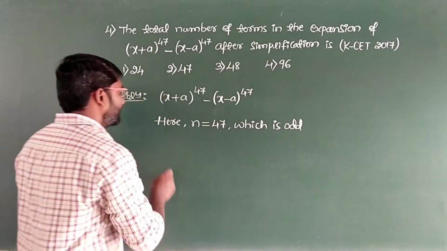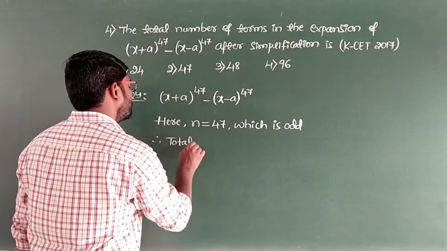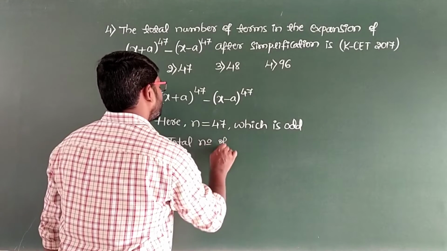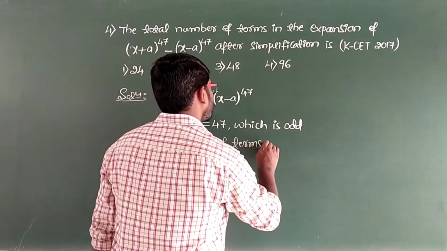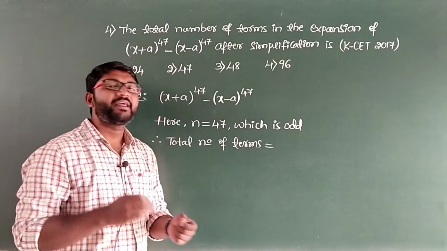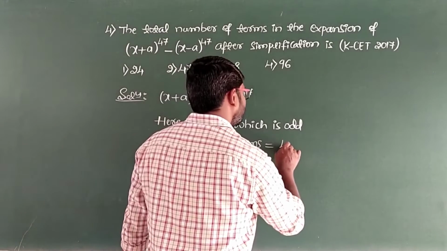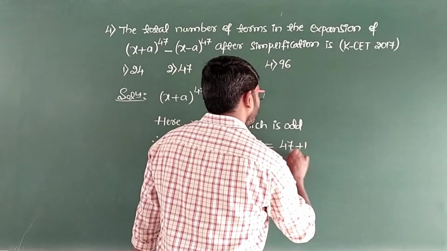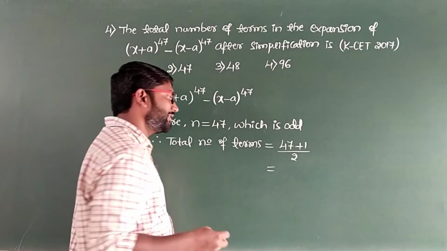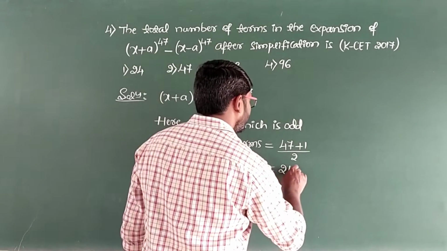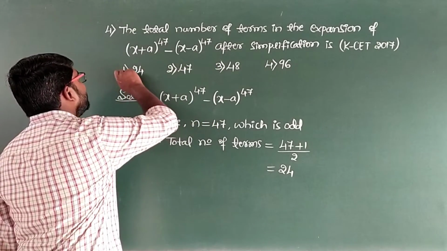So now the total number of terms is equal to, what was the general formula? N plus 1 by 2. Here n is nothing but 47. So 47 plus 1 divided by 2. 47 plus 1 will be 48 divided by 2, it will be 24. This is the required answer. So search for the options. Option 1 is the correct answer.